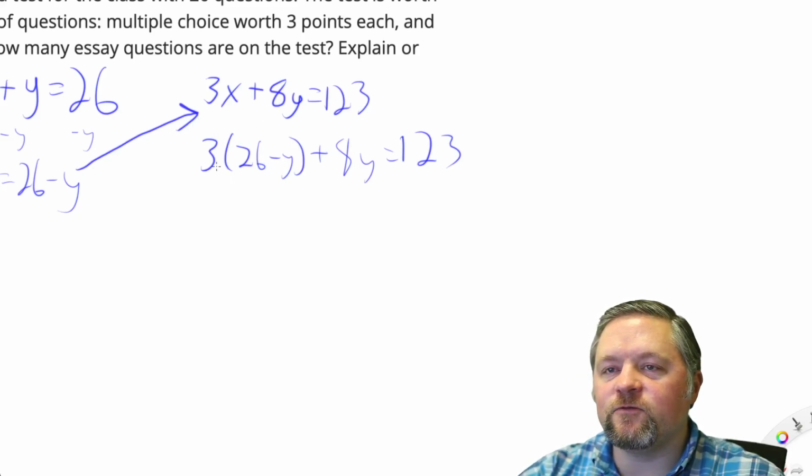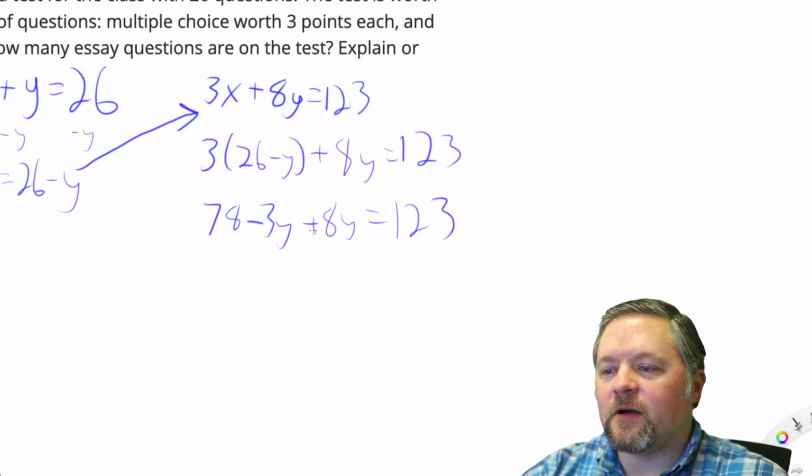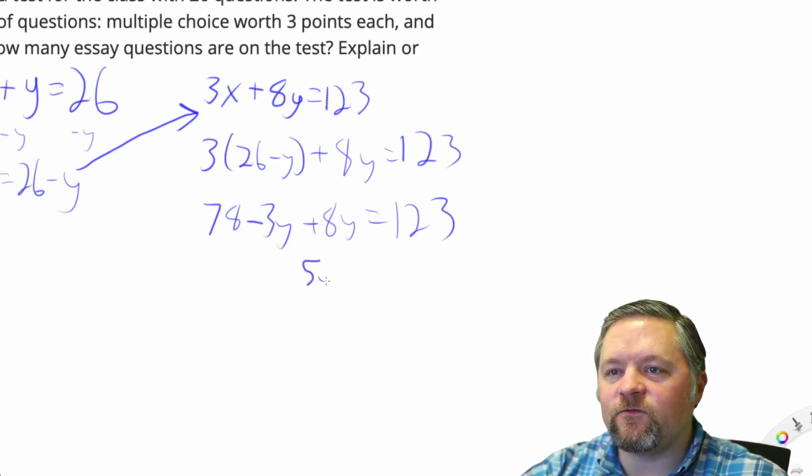Now, what are we going to do with this? Let's distribute first. 3 times 26 is 78 minus 3y, because 3 times negative y is negative 3y, plus 8y equals 123. Combine like terms, negative 3y plus 8y is 5y. So 78 plus 5y equals 123.